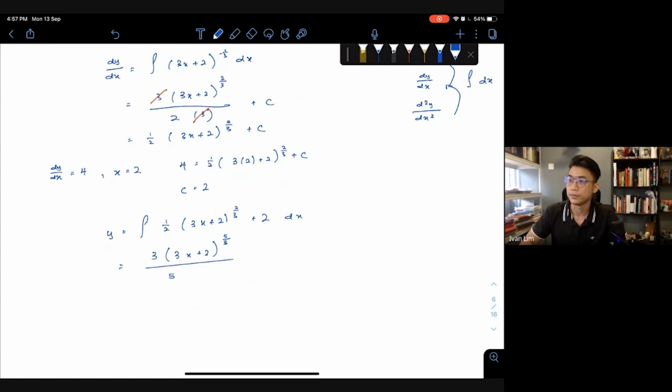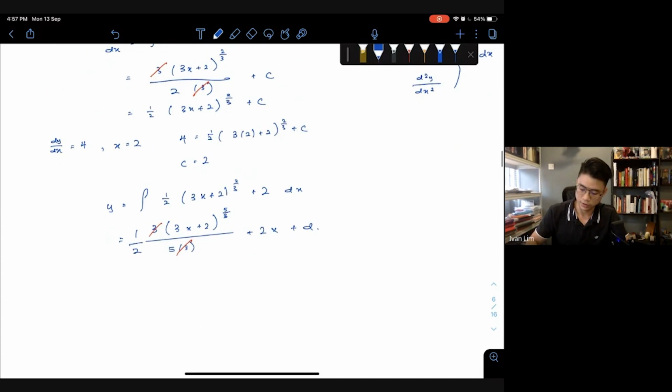Oh, I blur already. There's extra 1 over 2, right? 1 over 2 plus 2x plus d. Simplify it, 3 cut it off, and we will get 1 over 10, 3x plus 2, 5 over 3 plus 2x plus d.